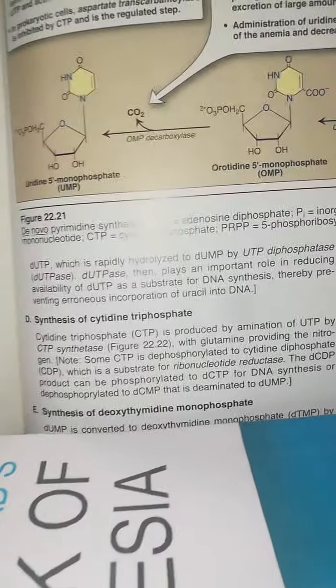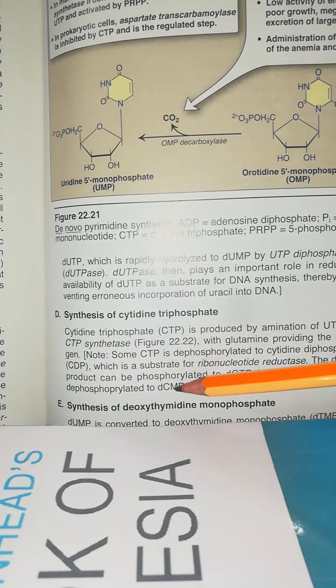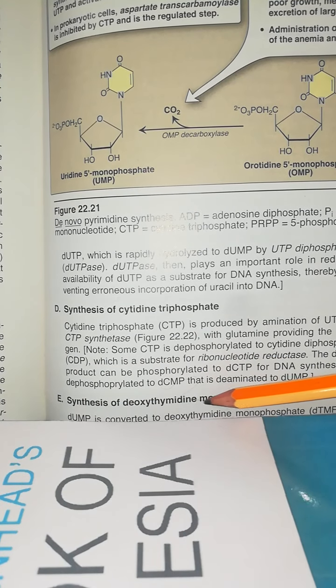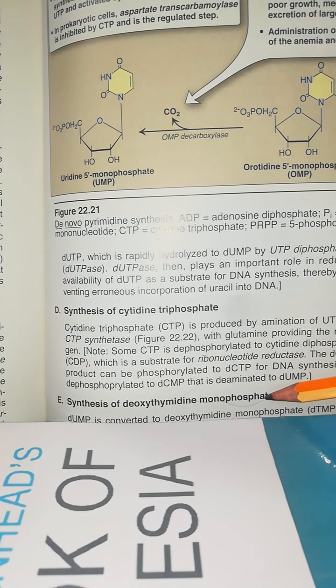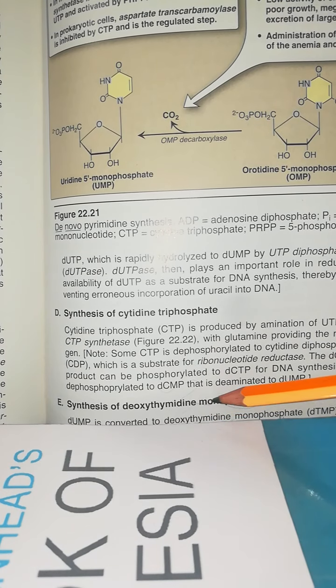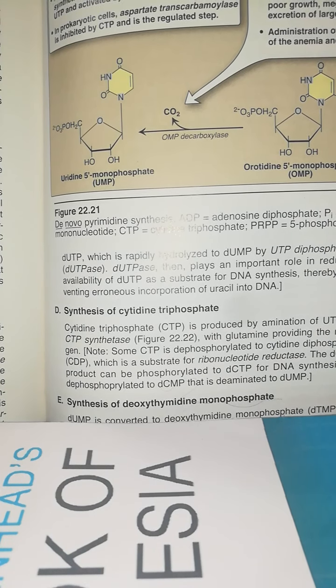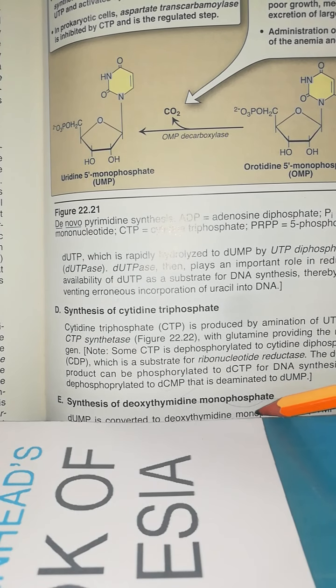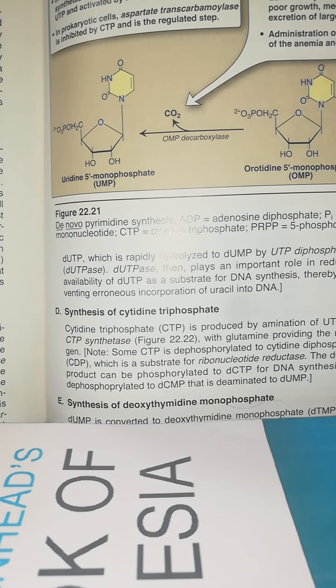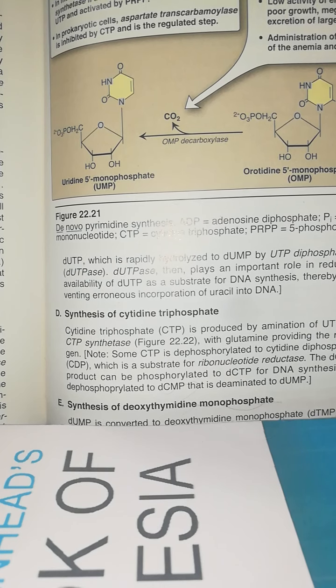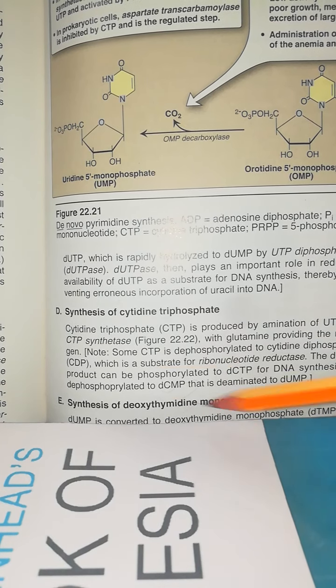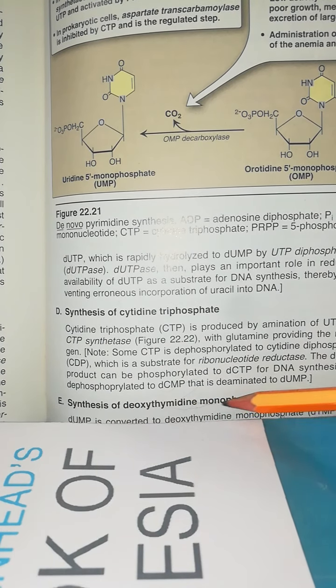And the last step is synthesis of deoxythymidine monophosphate. You just memorize this line. As these steps are very complicated, you don't need to memorize them for passing the written or viva exam. You just memorize this headline.